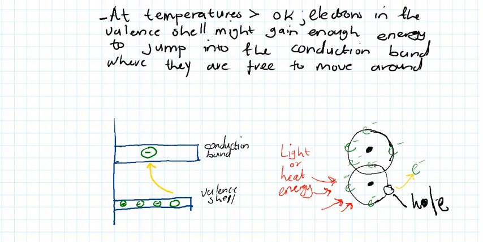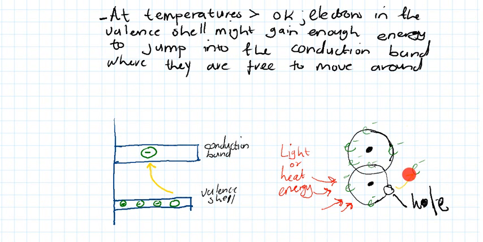As you can see in front of you, if we heat up that silicon crystal or we shine light on that silicon crystal, the electrons in the valence shell of each atom will gain enough energy so that they jump out of that valence shell into the conduction band, where they become free electrons.